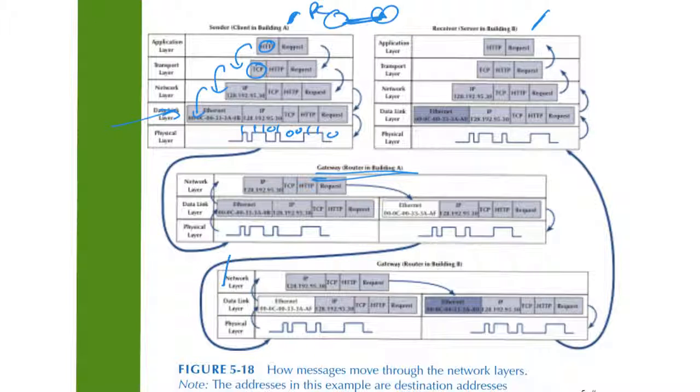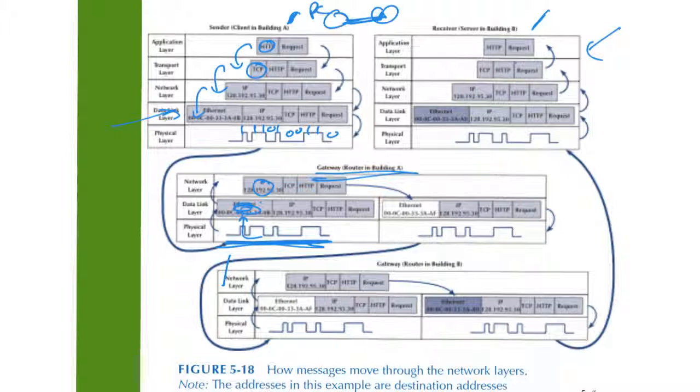The first thing the gateway will receive is the actual message. This is the physical layer. It will send it up to the network layer on the router. Since it's addressed to it through the Ethernet, it will open it, but it will determine that the destination IP address is in a separate building.